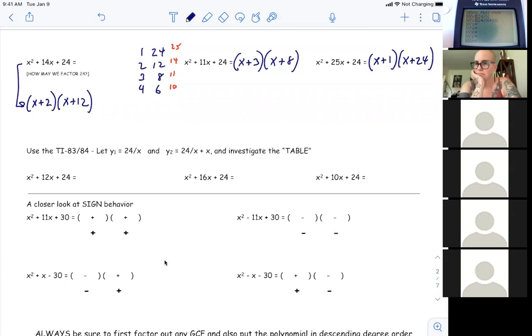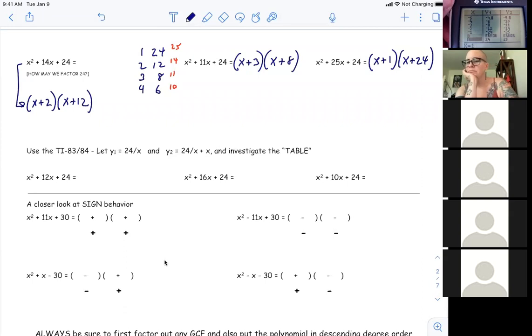And if we look at the table now, you're getting the pairs of numbers that multiply out to the number in question here, the 24, and the third column is adding them for us. How cool is that, right?